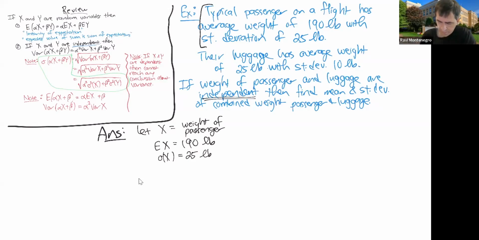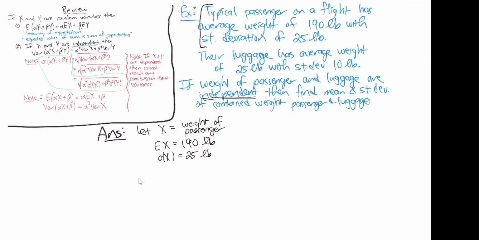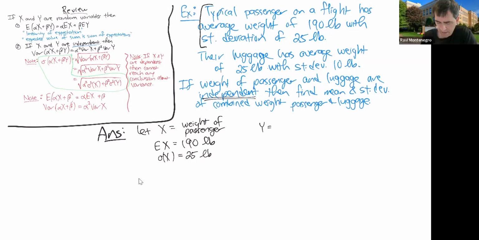And then we just do the same thing for the luggage, but use Y. So this is Y, and that was X. E of Y was 25 pounds, and sigma Y is 10 pounds.